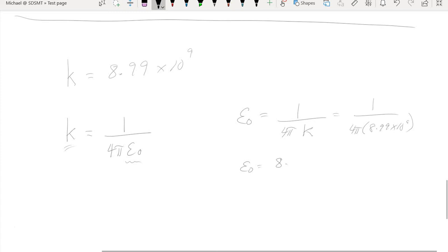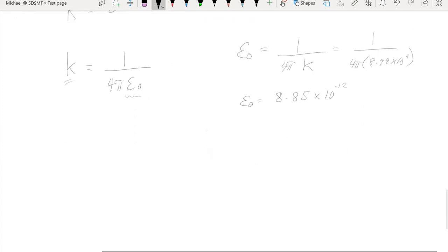Epsilon naught is the permittivity of vacuum, and this is a universal constant that describes how our electric phenomena are going to behave in vacuum.